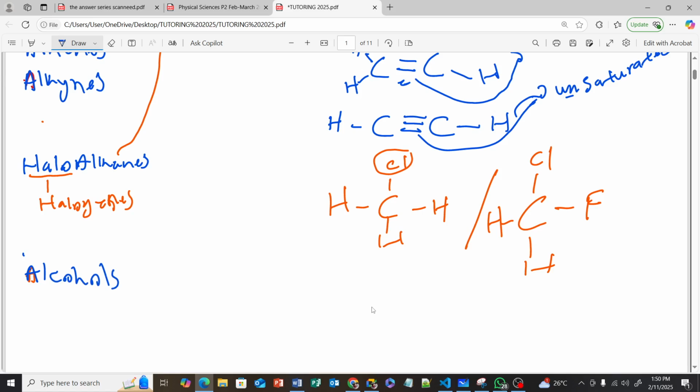Alcohols can also have one carbon, but they must also have an OH. So what is the name of this OH? It has a name, and it is called a hydroxyl group.